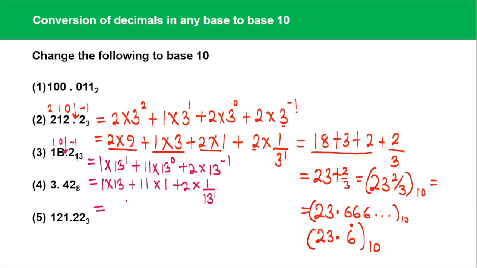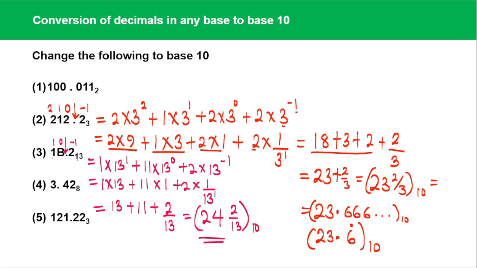And if we simplify further, 1 times 13 is 13. 11 times 1 is 11. 2 times 1 is 2 over 13. And this will give us 13 plus 11 is 24, whole number 2 over 13 base 10. This will be our answer for question 3, which we can again write in decimal.